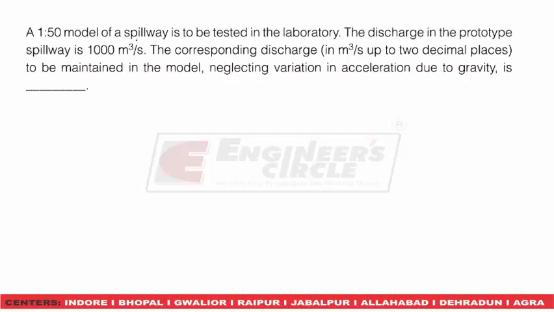Now first, for design of hydraulic structures, that is spillway or canal, the governing equation is Froude law. So we know that the Froude number is given by V by root of g y. So Froude number for the spillway and its model will remain constant, which implies that V, that is velocity, by root g y, and y is the depth and is represented by length.